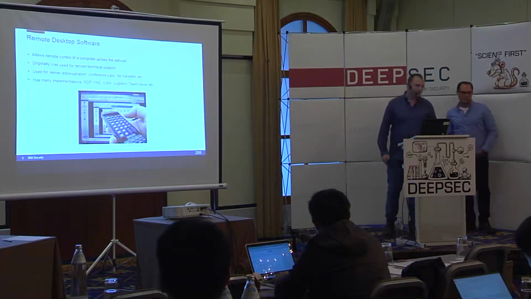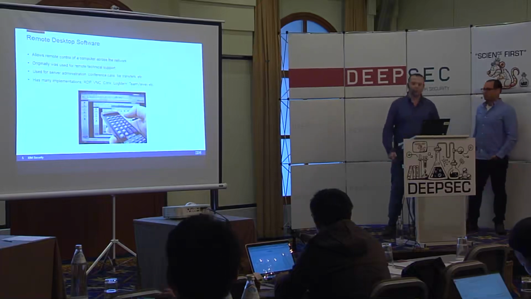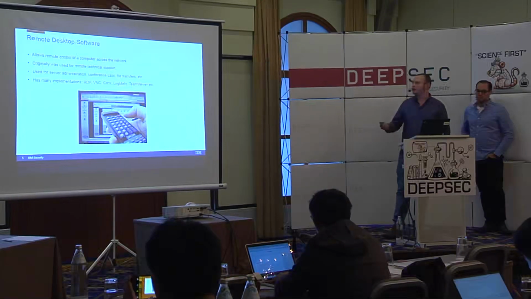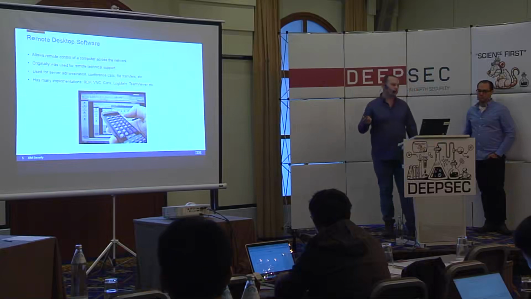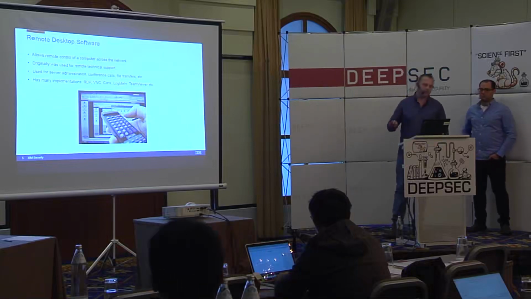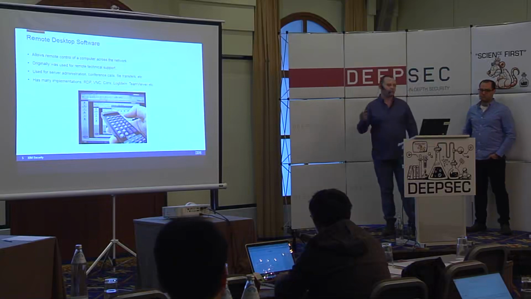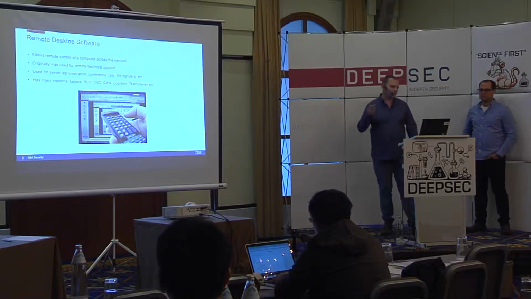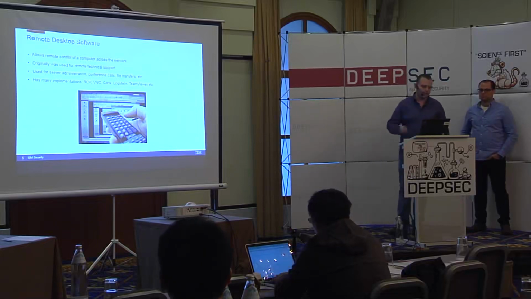So let's start with talking about remote desktop software in general. Basically it's software that allows you to remotely access a computer across the network and control it. Originally it was used for technical support, so if you had issues on your Windows, instead of someone guiding you over the phone how to fix it, someone could just log in and fix the problem for you.